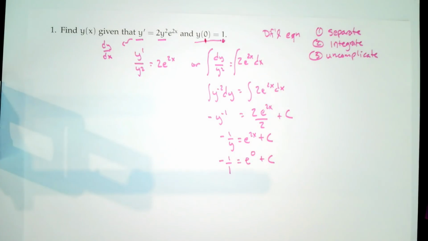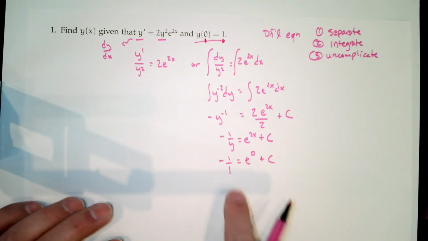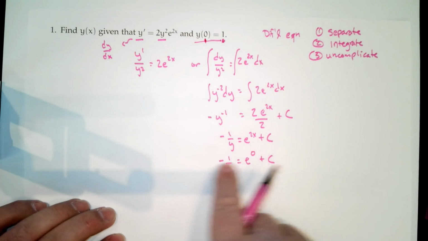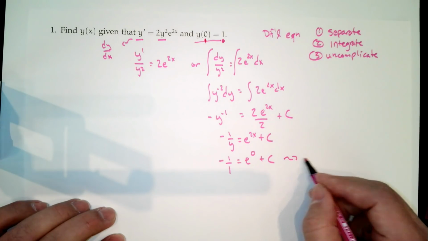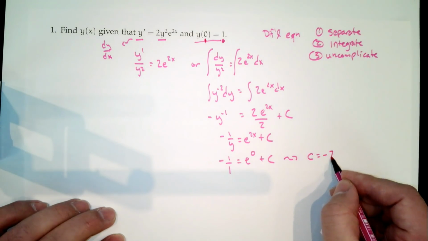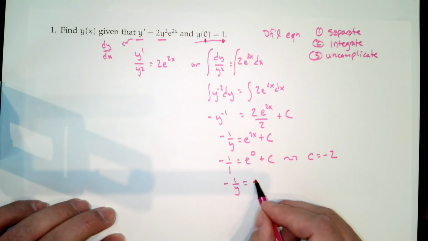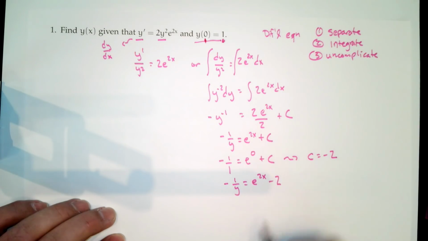So minus 1 over 1 is equal to e to the 0 plus c. Well, minus 1 over 1 is minus 1. E to the 0 is plus 1, but it's on the other side, so I have to bring it across. So I say, aha, c is really minus 2. All right, so updating: minus 1 over y is equal to e to the 2x minus 2.